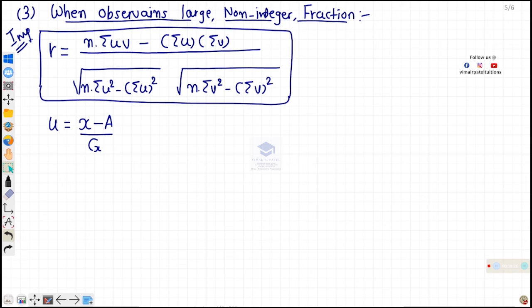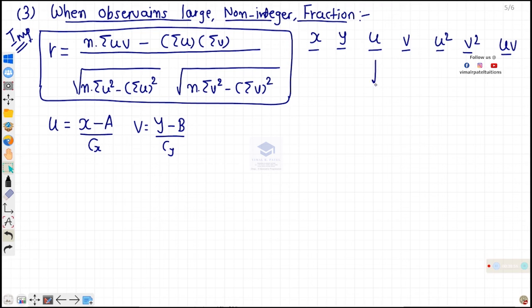Same way, v is y minus b upon cy. So from x and y, get u, v, u square, v square and uv.